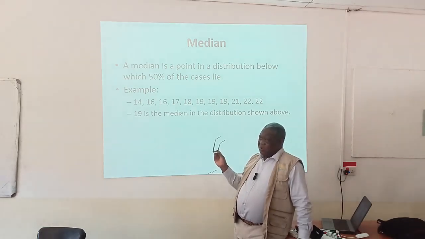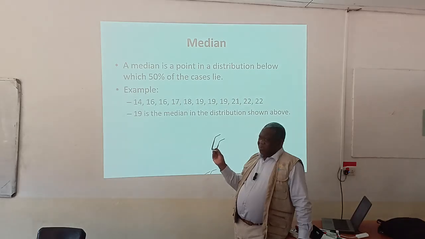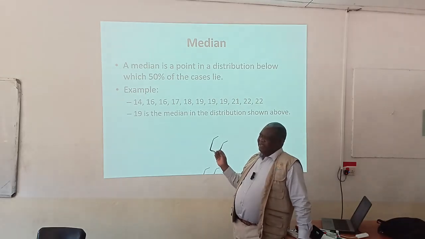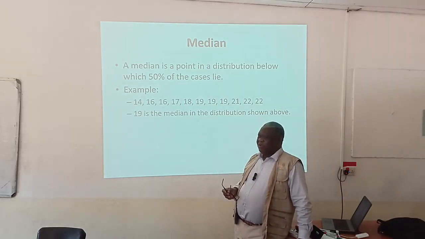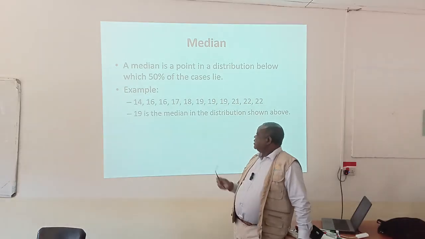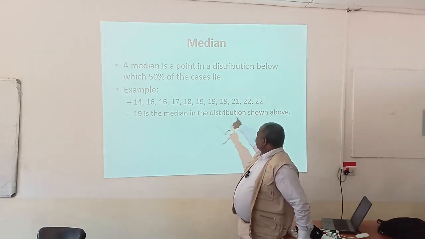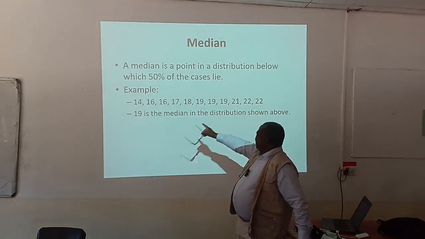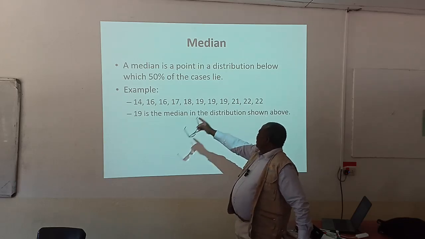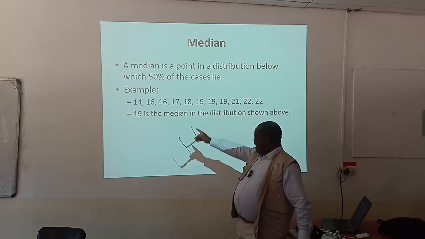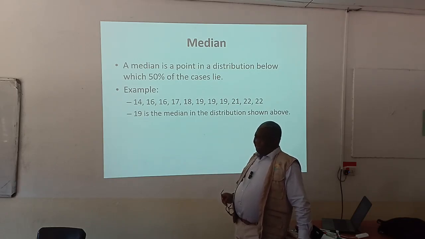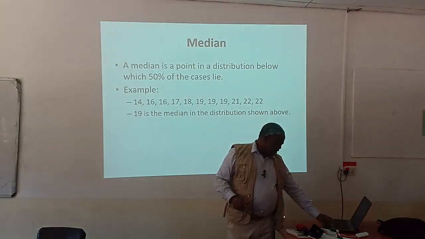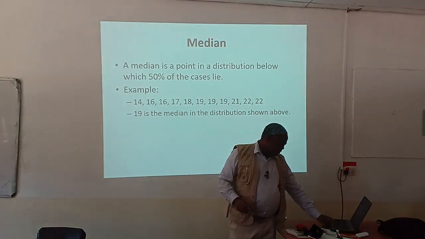So the score, which is at the middle, representing 50% below it, 50% above it, that score would be referred to as a median. So just like I've organized my data, lowest is 14, highest is 22. Then from there you count how many scores are there. The midpoint, which is 19, is the median. I guess that's straightforward.